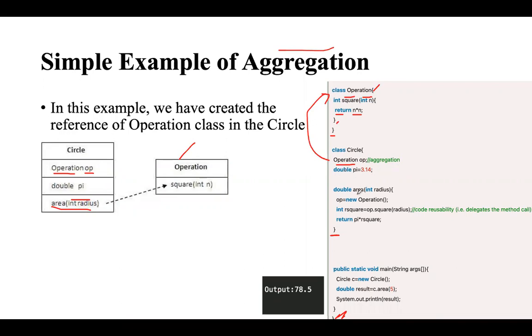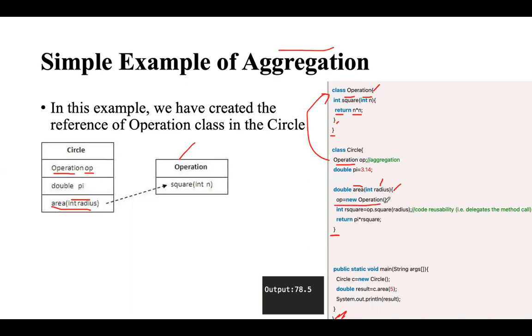After that, we have the method area. It is taking a parameter as an integer, and the name of this variable is radius, and this area method returns a double value. Okay, so this is the starting bracket, and here we are creating an object.